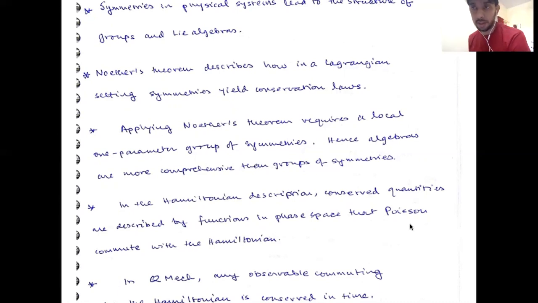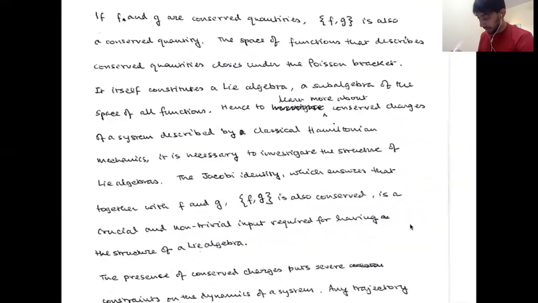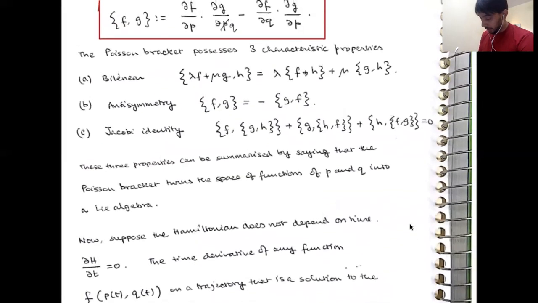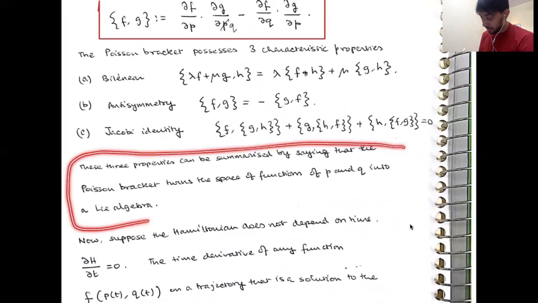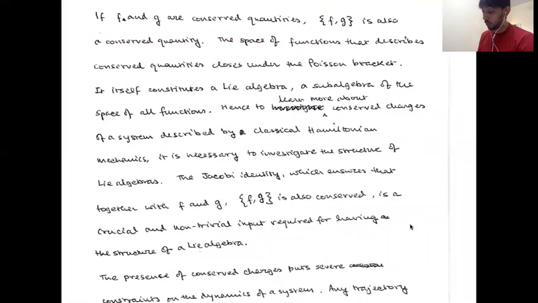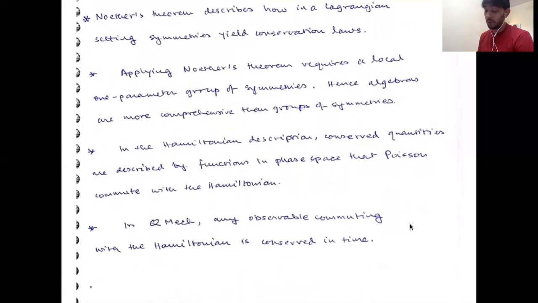Maybe we can speak about this near the end of the course at some point of time. But again, just to reiterate, the Poisson bracket turns this space of functions of P and Q into a Lie algebra. So that's what we saw there. And ultimately, we saw that there is a very similar description that you can do also for quantum mechanics.